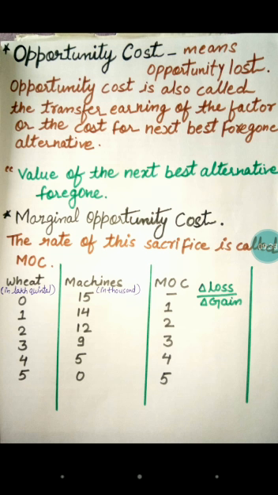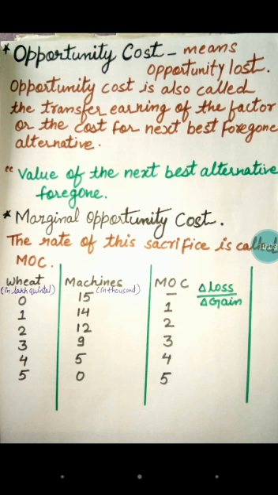So opportunity cost is also called the transfer earning of the factor or the cost of the next best foregone alternative. In simple terms, we can say that opportunity cost is the value of the next best alternative foregone.